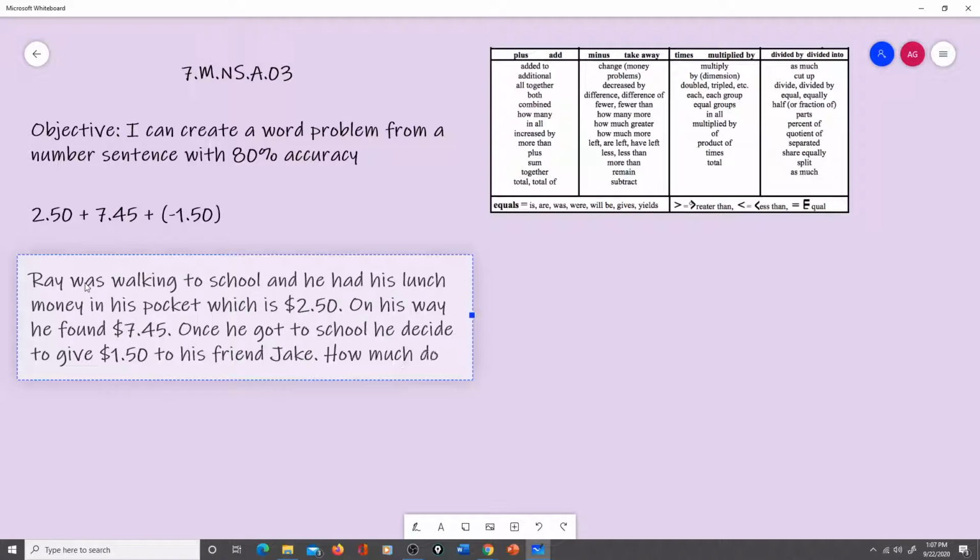How much does Ray have left? Okay, and if we look at that, right, have left, that's on here. Left, are left, have left. Okay, so that tells us that there's some subtraction.